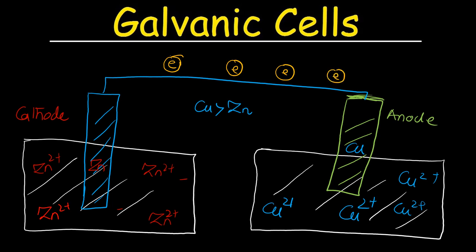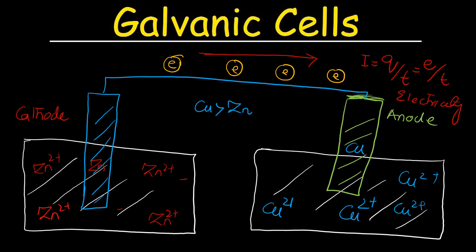The flow of the electrons from the zinc cathode toward the copper electrode will produce a current, and current is charge per unit time. The charge here is electrons, so the flow of electrons per unit time will be electricity. So electricity will be produced due to the flow of electrons from the zinc cathode toward the copper anode.